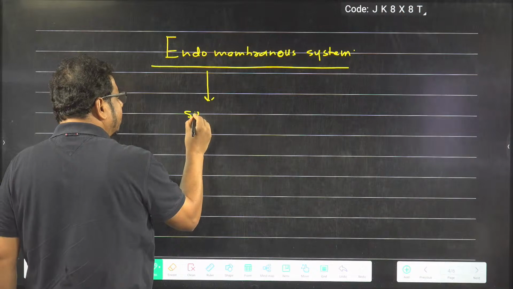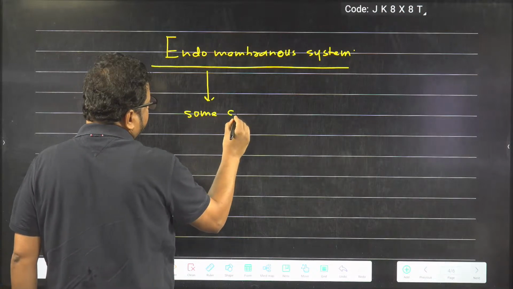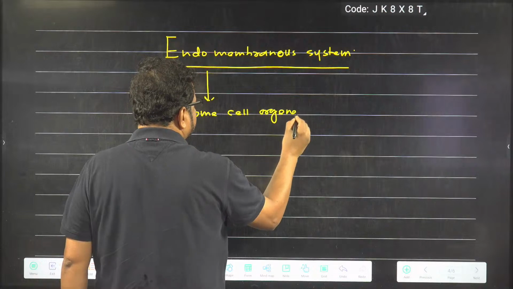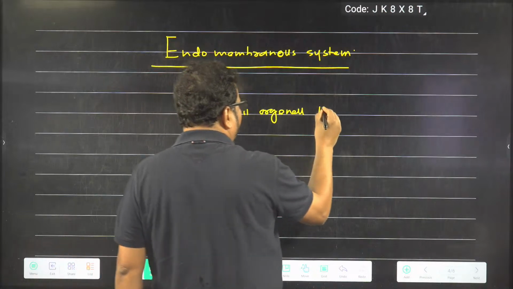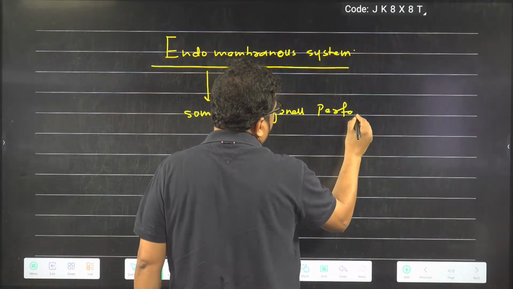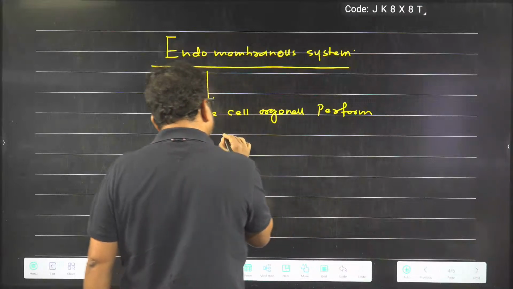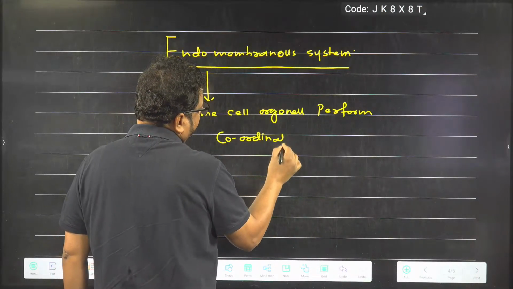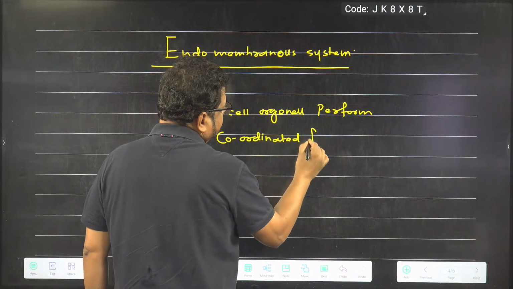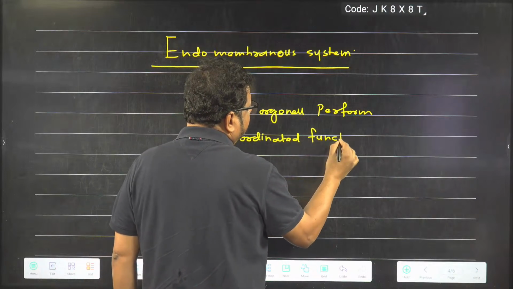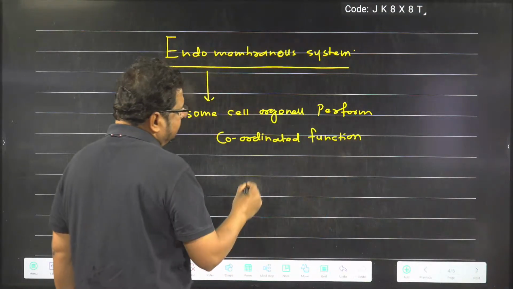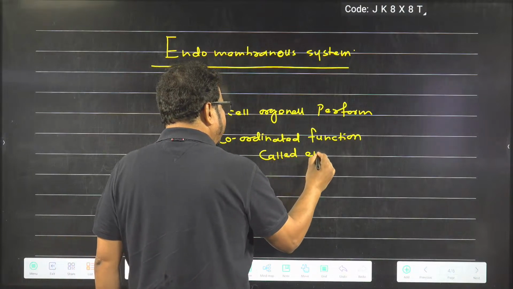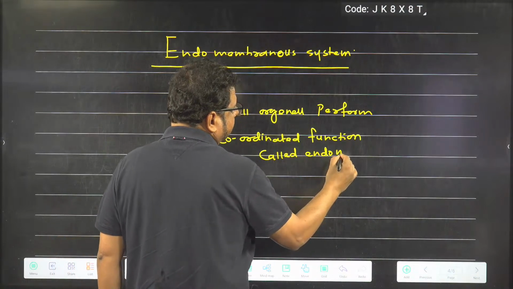Some cell organelles perform coordinated function, and this is called the endomembrane system.